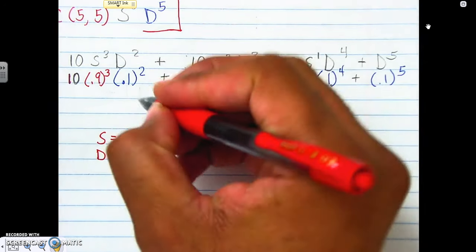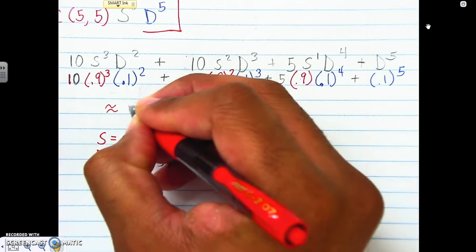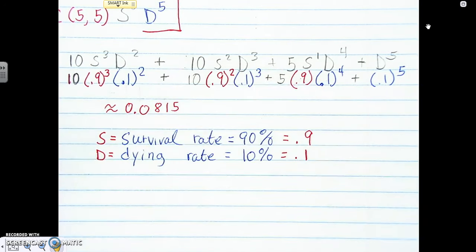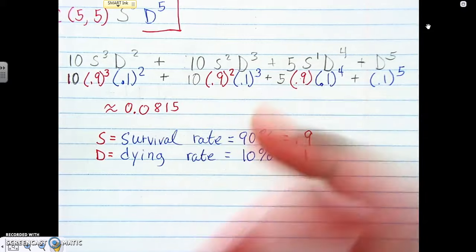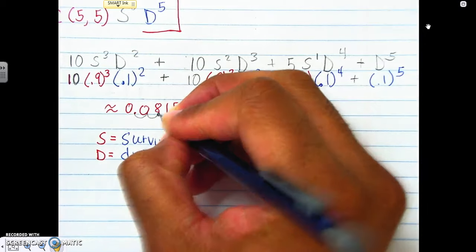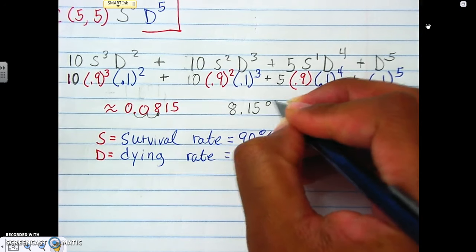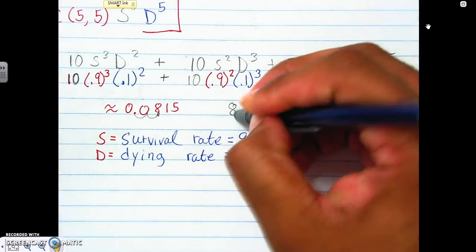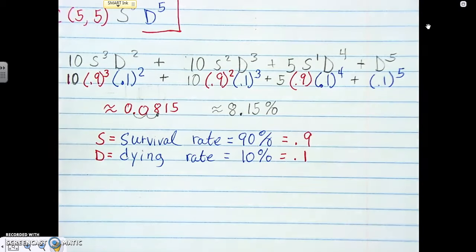All right, so you should get approximately 0.0815. I think that's the approximate. I don't think it's exact. Okay, so we're going to change that from a decimal to a percent, sorry. So we need to move it over 2 places, so we get that percent. So we get about 8.15%. That's approximately 8.15%.